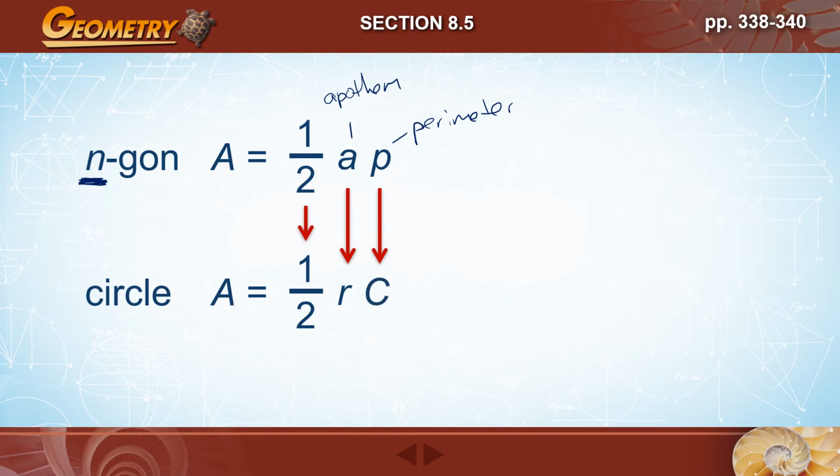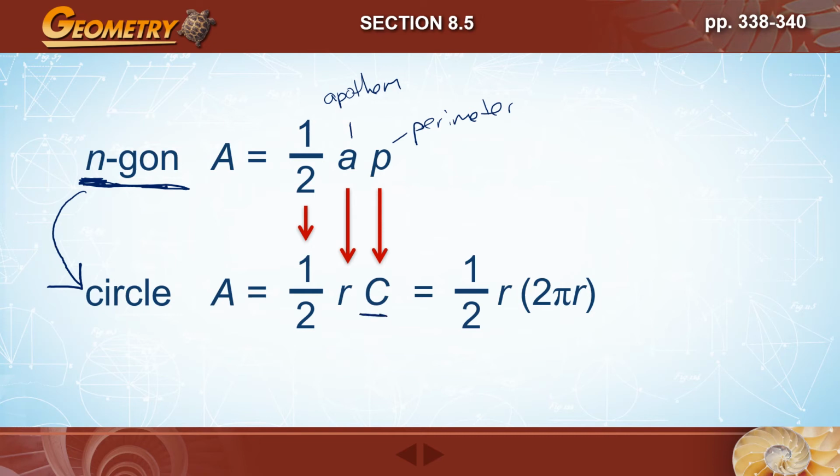So from the equation for the area of a polygon, we can derive the area of a circle. Now you're probably saying, that is not the area of a circle formula that I have memorized. You are right, because we need to keep going. We replace the formula for circumference, which is 2 pi r, 2 times pi times the radius.